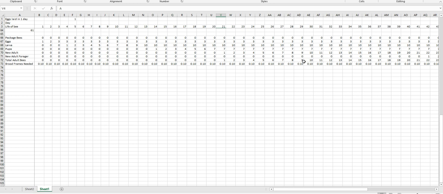So this was just an example so that I could show you the spreadsheet, and the example would be like 1 bee. But we know on page 30 of the Beekeeping for Dummies book that you can have greater than 1,500 eggs. So let's change this to 1,500.